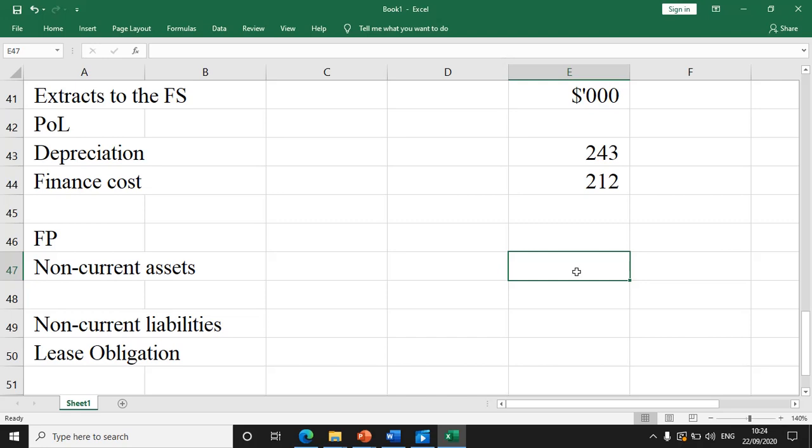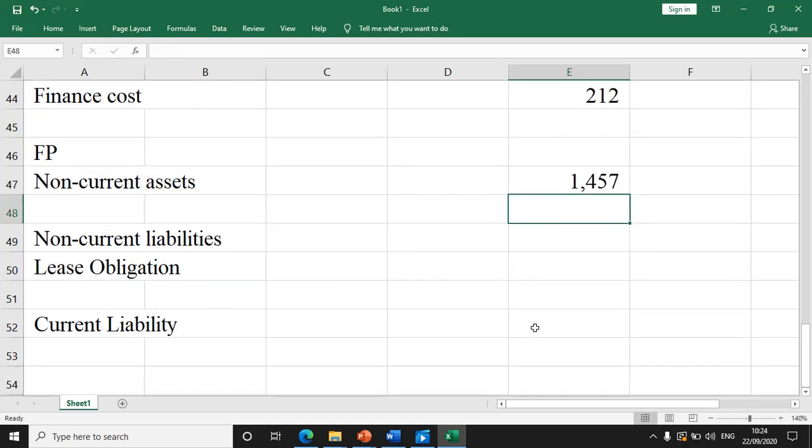Again here, I don't want to waste much time. You remember what we did. The CV of the asset, and I just work that one out. It says 17 minus 243. That's the figure that we have there. And then this one now is a little bit simplified.